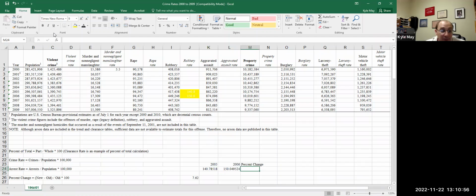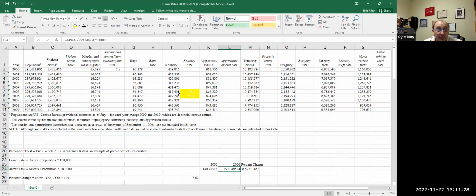So now I've got those two. Now I can do my percent change using these 2 data points. We're going to open parentheses, use our new number, which is 2006, rounded to 2 decimal points, 150.05. We're going to subtract 140.79, rounding, divided by 140.79, times 100, and that should give me a percent change of 6.58, positive.